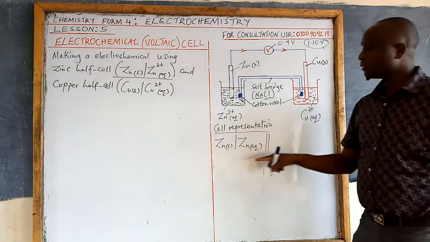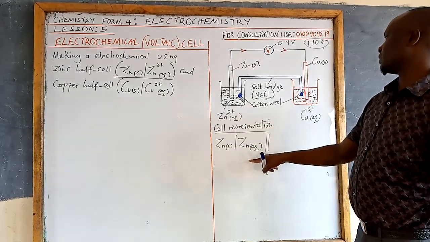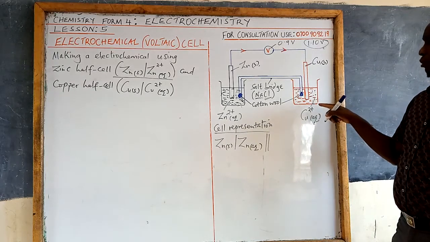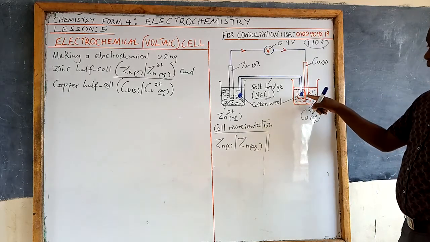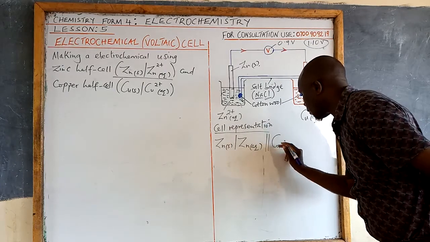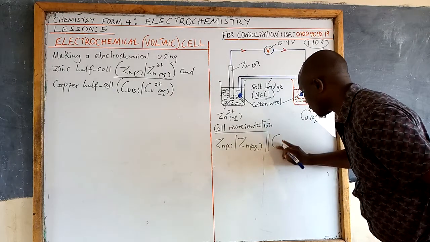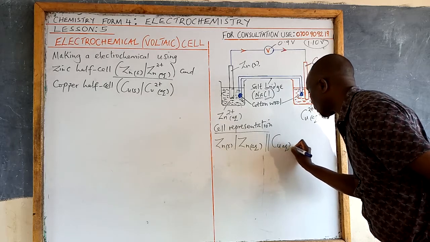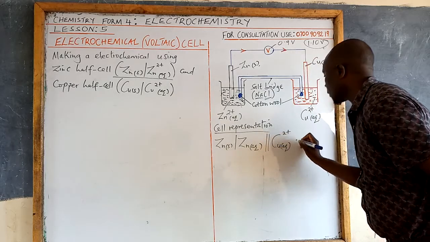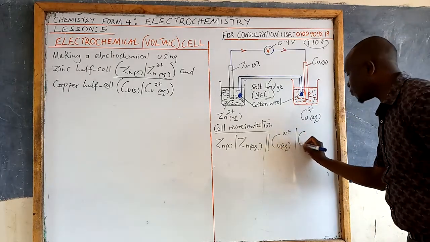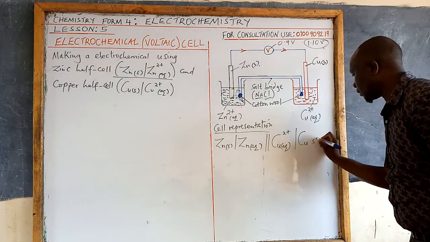So here zinc ions are formed, but here copper ions are discharged from the solution by gaining the electrons that are coming in this direction. So you have copper ions, so they gain the electrons and then they move out of the solution as copper solid.